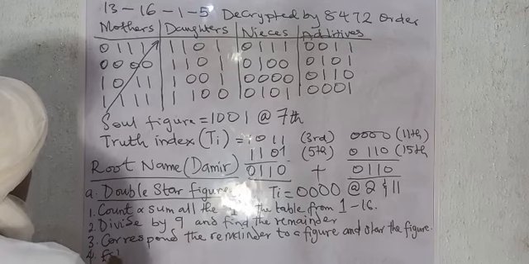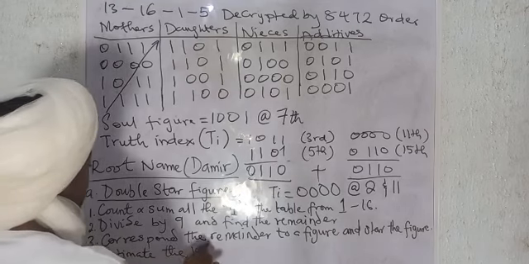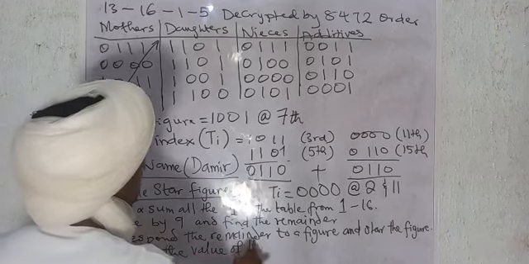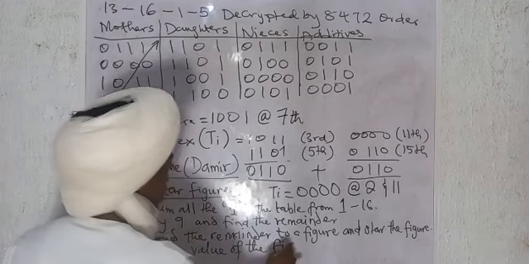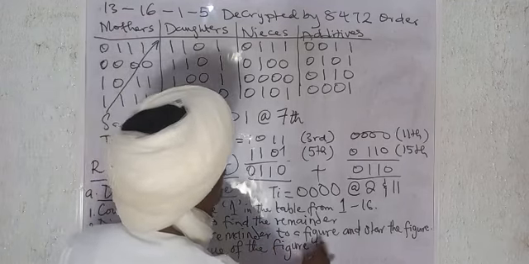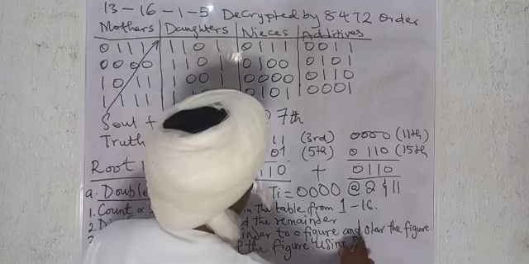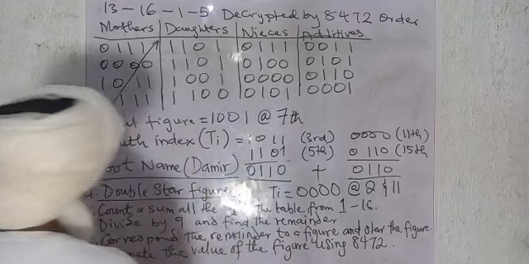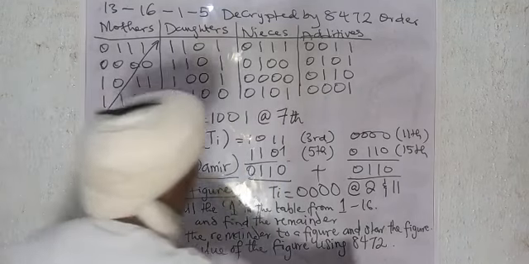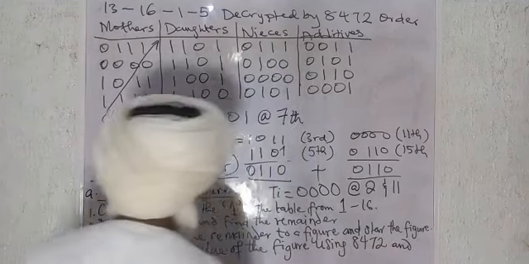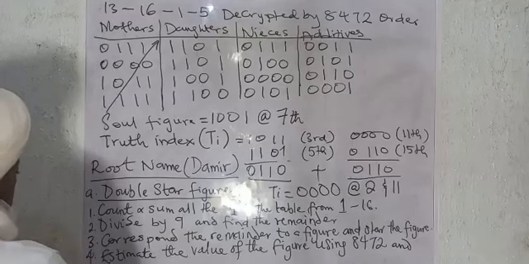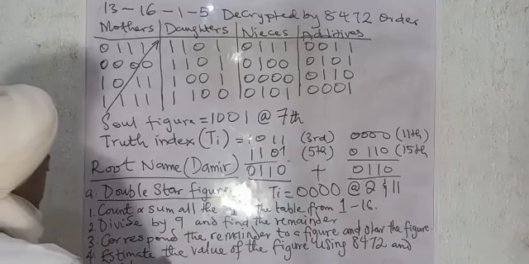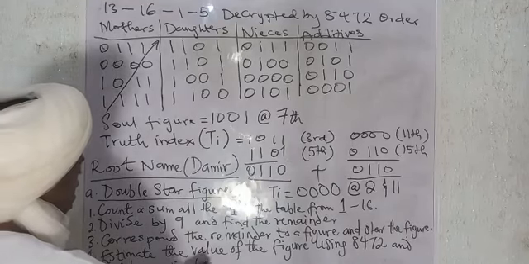Estimate the value of the figure using 8472 and divide, that's step 5, again by 9.